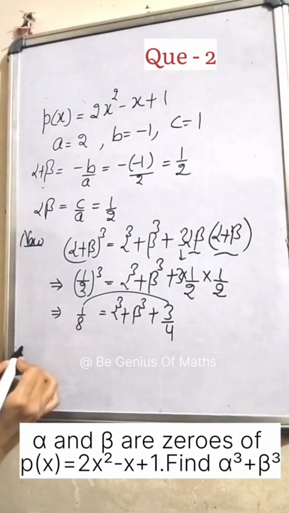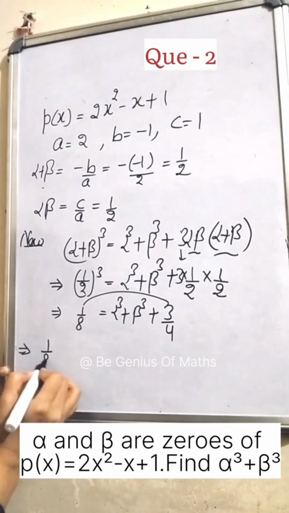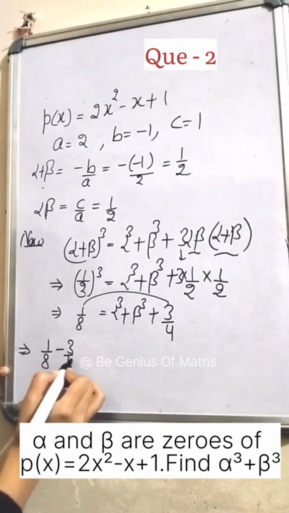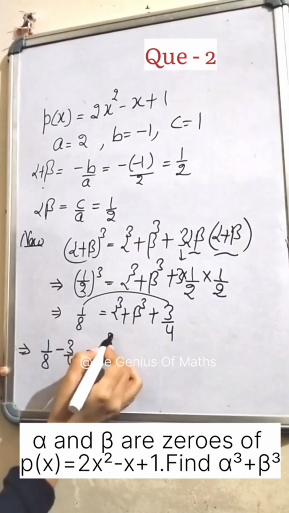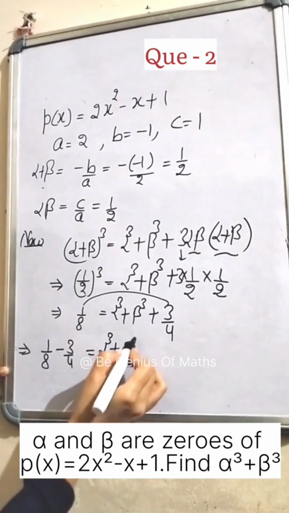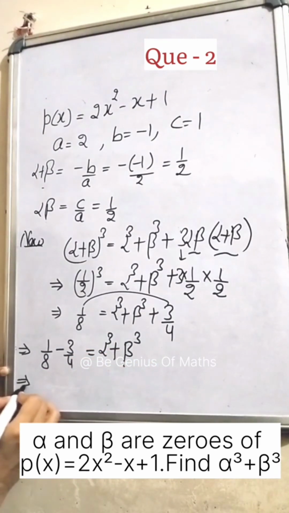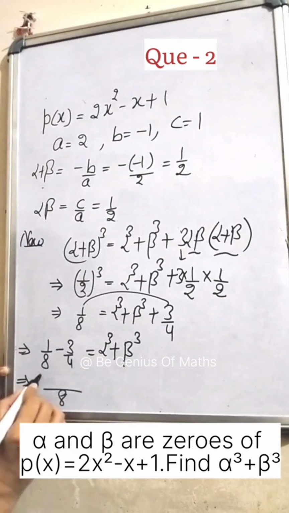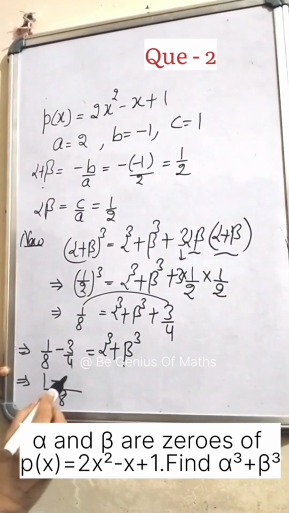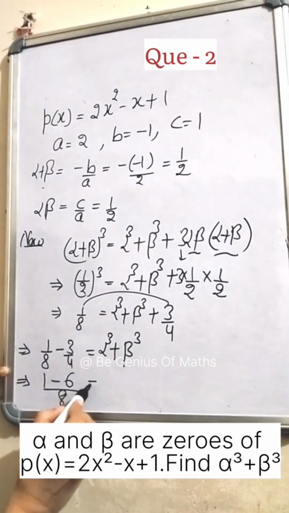which on the other side becomes with a minus sign. Now by taking LCM 8, 1 minus 4... 2 into 3 is 6.